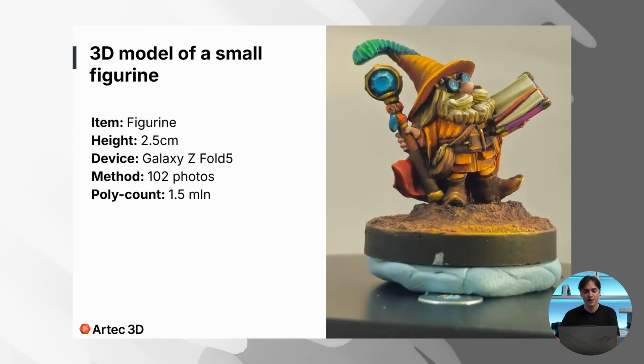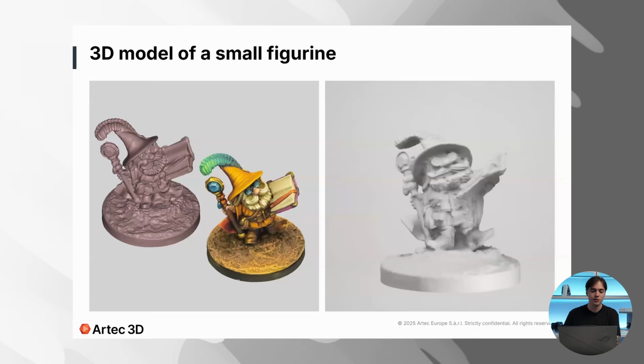So here we have taken just 102 photos of the object, and we have managed to reconstruct this small figurine at 1.5 million polygons. So let's take a look at the results.